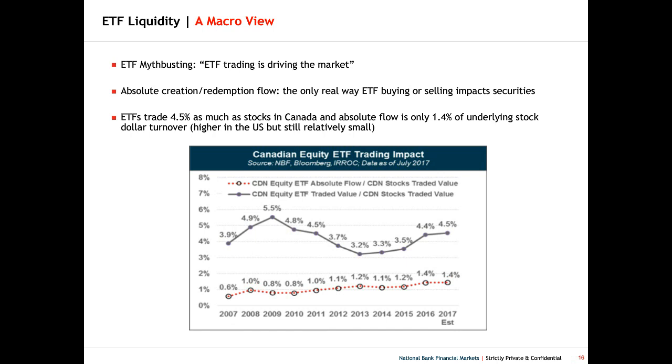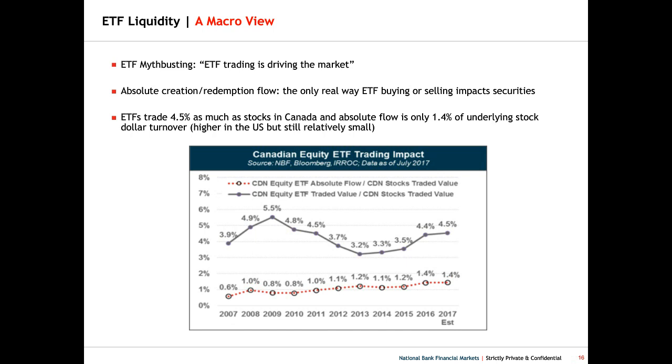But if you look at the stats, if you look at the numbers, here in this case, if you look at the gray line, in 2017, equity ETF volume was only 4.5% of stock market volume in Canada. So obviously that's really a small portion compared to what the underlying market can support.